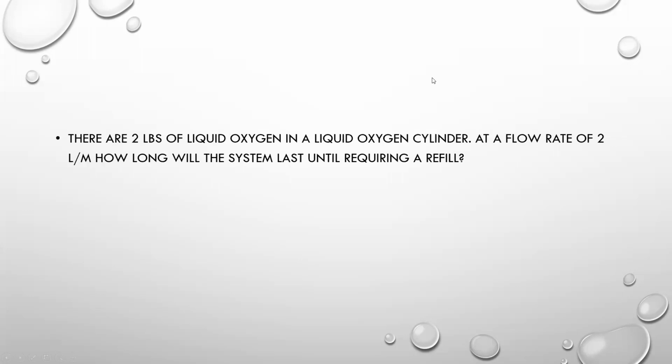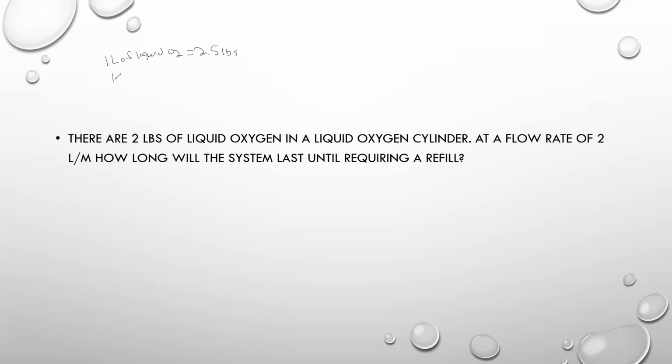So we'll move on to liquid oxygen. A few things we want to cover with liquid oxygen, a couple of things that are going to be important for us to understand: when we look at liquid oxygen, 1 liter of liquid O2 weighs 2.5 pounds.